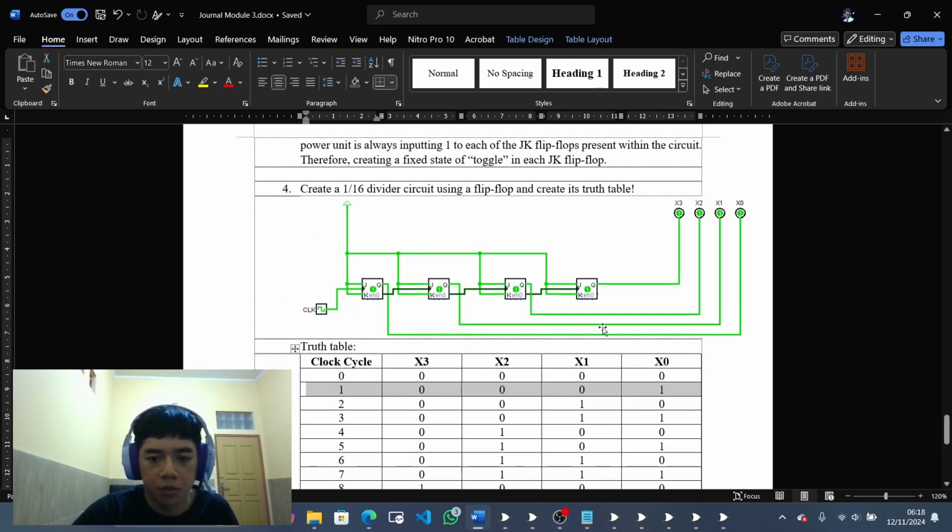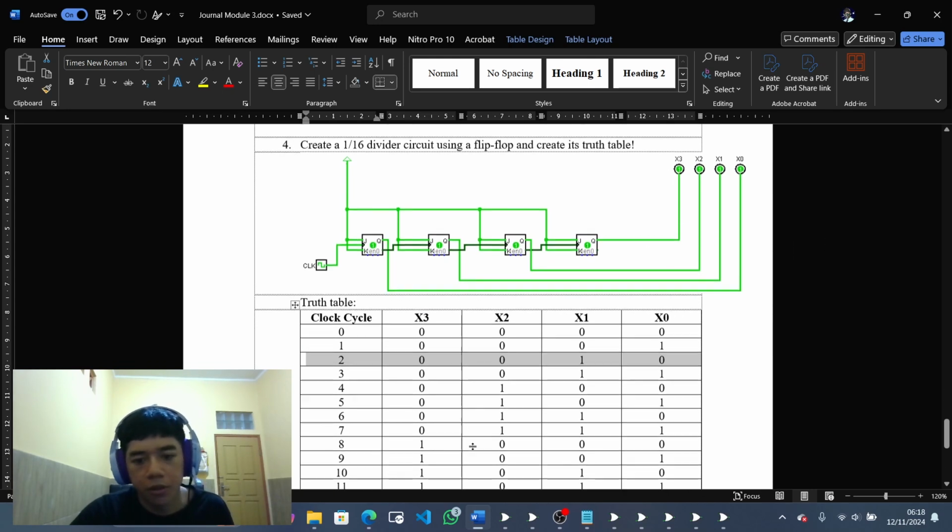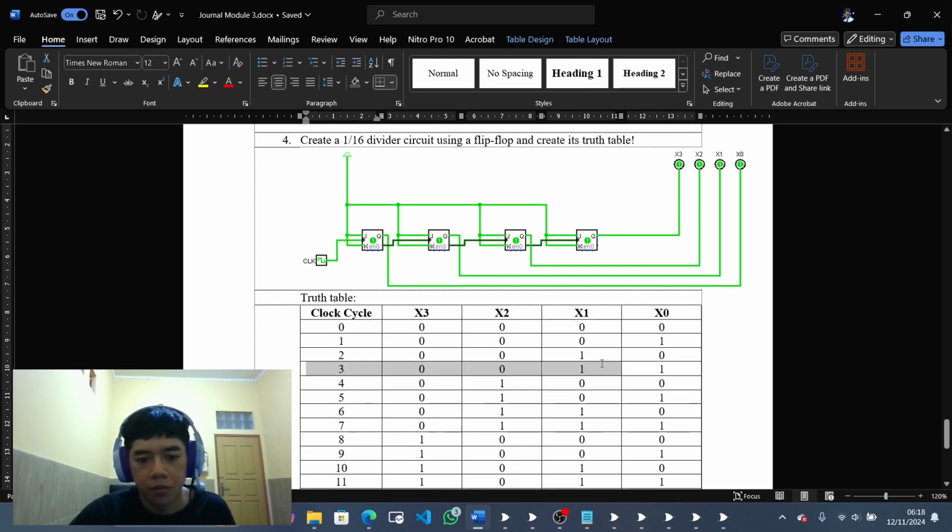So this outputs 1 here. And at the second clock cycle, it starts counting up in binary and so on and so forth right here.